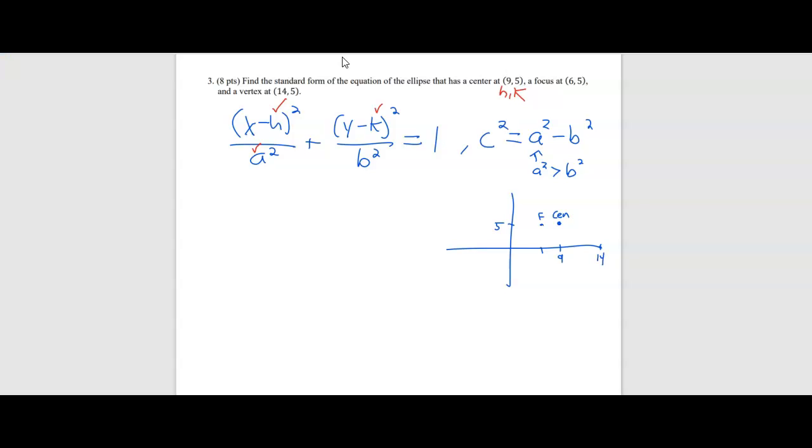Here is the vertex. I'm not exactly sure of the shape, but I have the basic shape in mind: center, foci, vertices. This is the type of ellipse we're dealing with here.